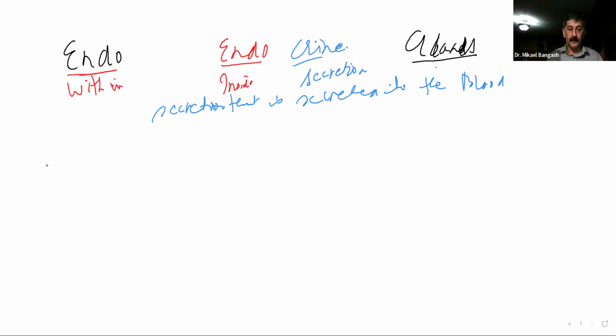That's why we call the endocrine glands the endocrine glands, because whatever secretion they secrete is going to be secreted into the blood. But these secretions are going to go under the name of what we call hormones.